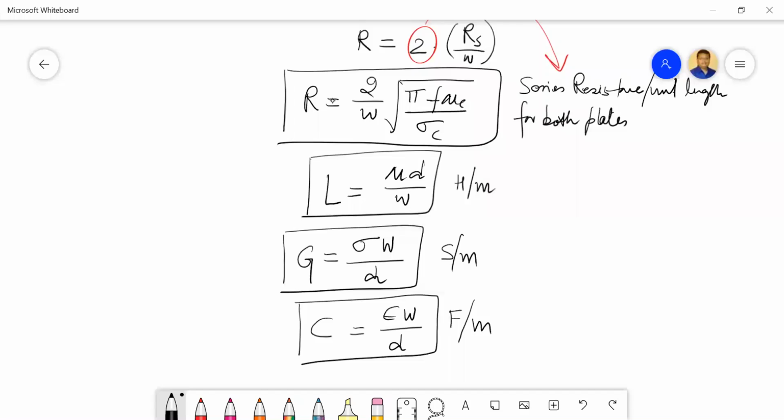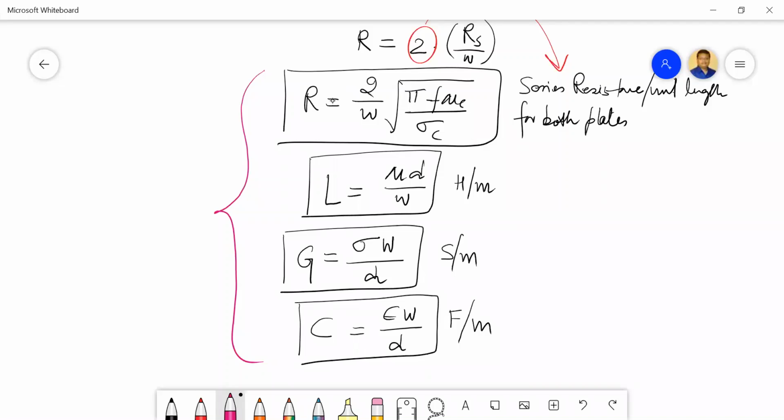So now we have the 4 relations. Finally, we got the 4 relations, the lumped form, I would say, for this distributed system, which is the parallel plate transmission line.